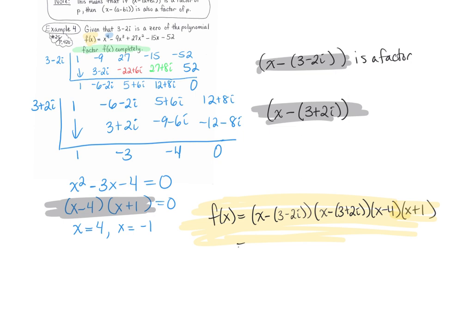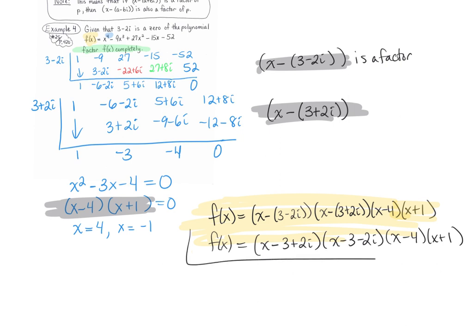And you can rewrite this as x minus 3 minus 2i, times x minus 4, times x plus 1. And that's it. That's how you factor f of x completely.